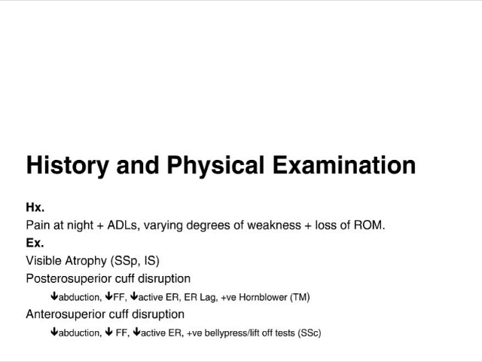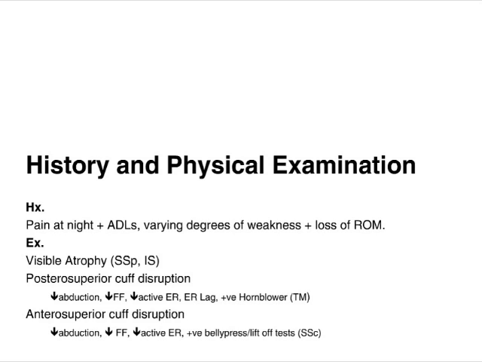In both posterior superior and anterior superior cuff disruption, you get decreased abduction, decreased forward flexion, and decreased active external rotation. With posterior superior tear, you can get a positive hornblower sign. With anterior superior tears, you often get a positive belly press or lift-off test because you've got that impairment of internal rotation because of subscapularis involvement.